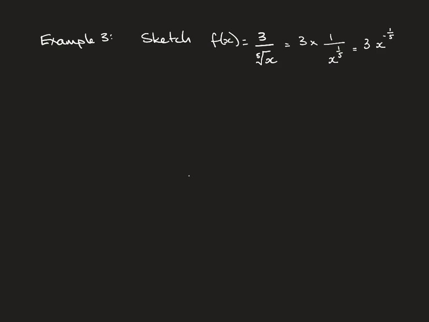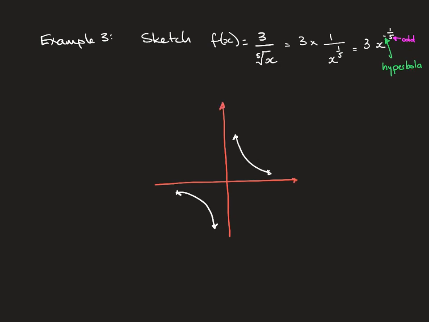So the negative value here for our fractional power means we're going to have a hyperbola. And just as was the case with our normal fractions, if we look at the denominator, it is an odd number, which means that our hyperbola is going to have 2 arms. And the 3 at the front here is in fact a vertical dilation by a factor of 3.